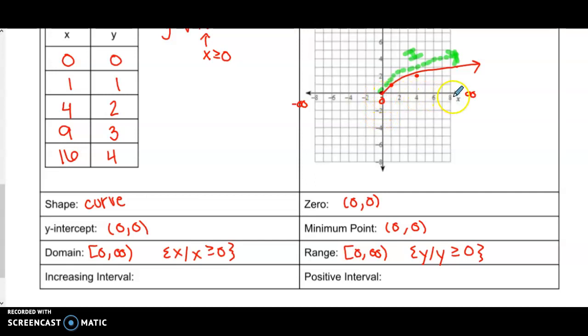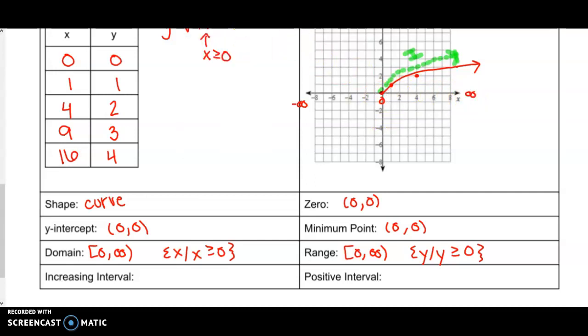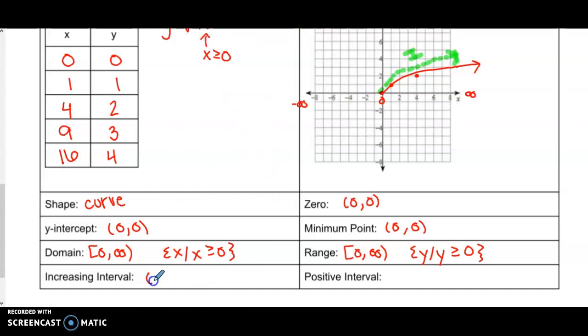Remember, use the x values, going to infinity. So from 0 to infinity, and then again, 0 is the starting point. So at that point, it's not increasing or decreasing yet. All right, so it gets a parenthesis.